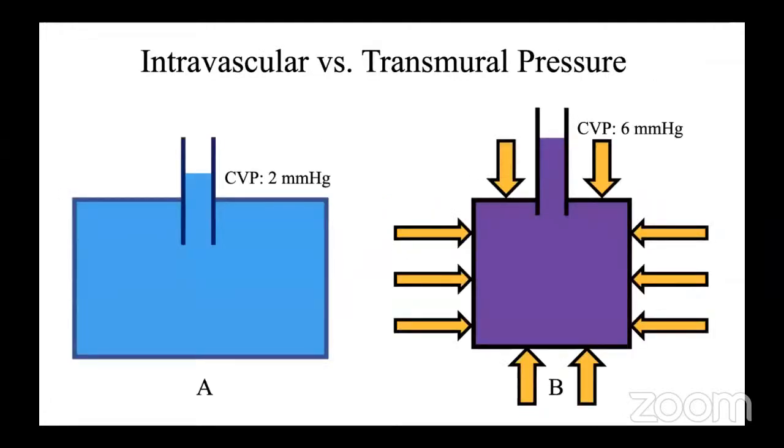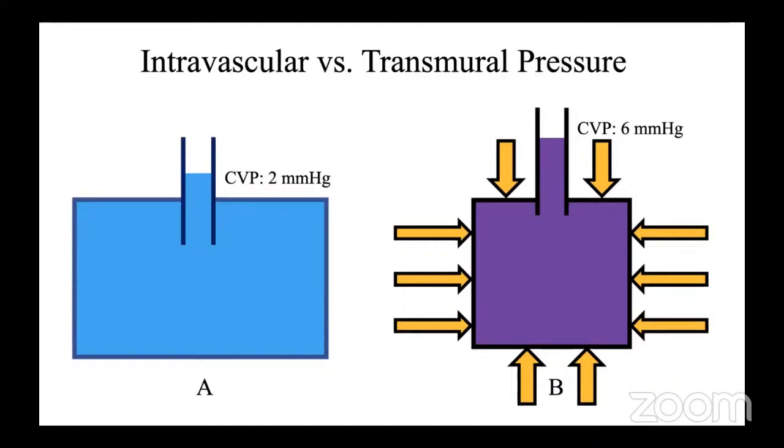Another important concept is that we measure the pressure inside the vein when we are measuring the central venous pressure. So, for example, if you have penetrated the internal jugular or subclavian vein, as long as the tip of the catheter is inside the thorax, we take that as the central venous pressure.